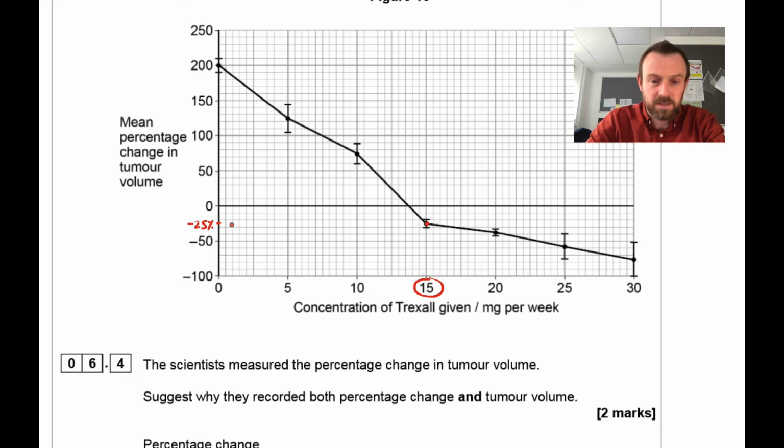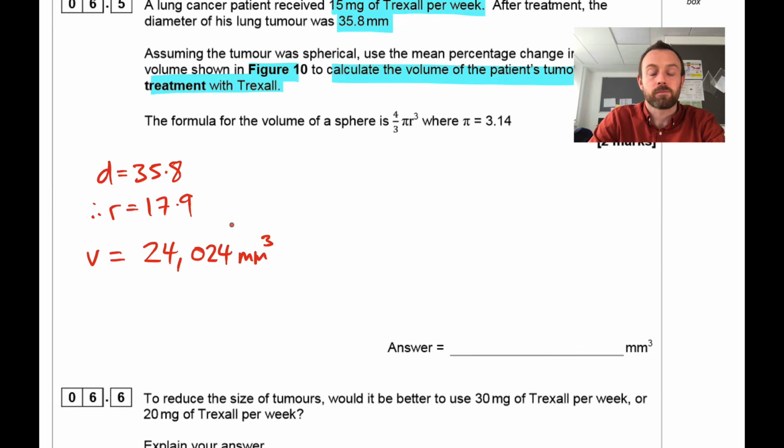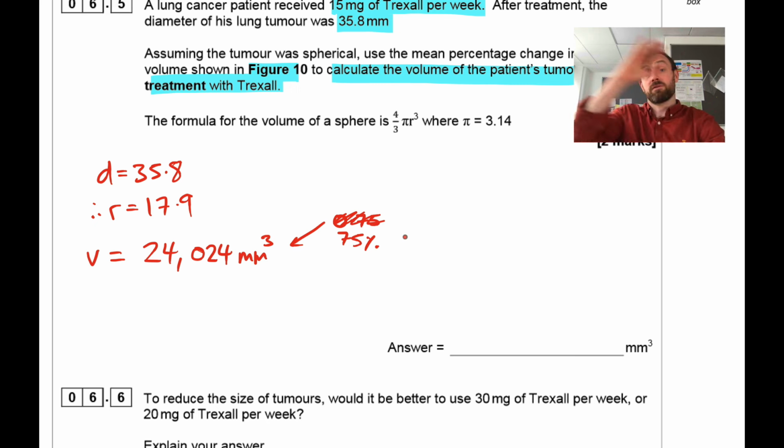So minus 25% is the change. So this equals 0.75 of the starting value, or 75% of the starting value. Because it's reduced by 25%, we need to divide by 0.75 to get the answer.